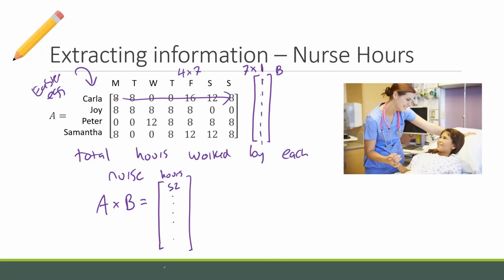So, a quick reminder: if we want to add up all the things in this row, then I need to use a column matrix of the same length as that row. This will add up all the hours for the first one, which is Carla.